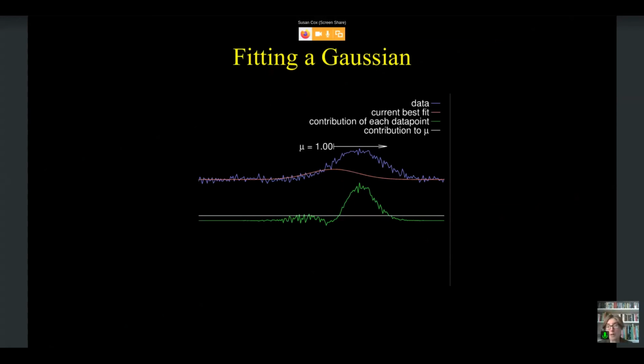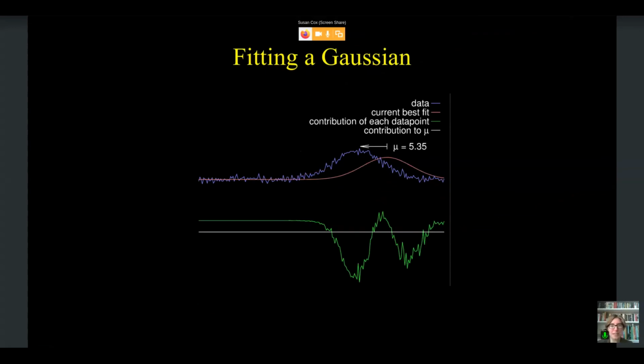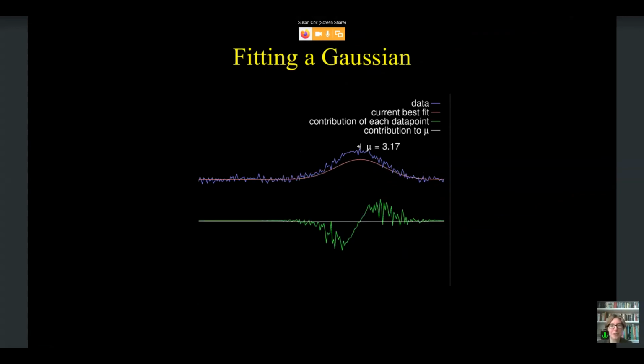Probably the most common method is fitting a Gaussian. And here I'm showing an example where I've got the data in blue, your current best fit in red. Obviously, my starting current best fit is pretty bad. The contribution of each data point in green, and then the contribution to mu in white. And I go back and forth.